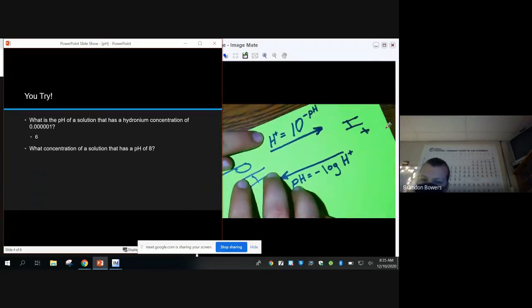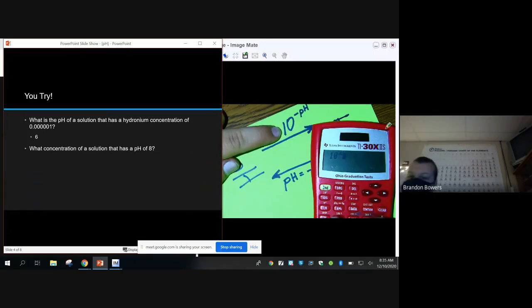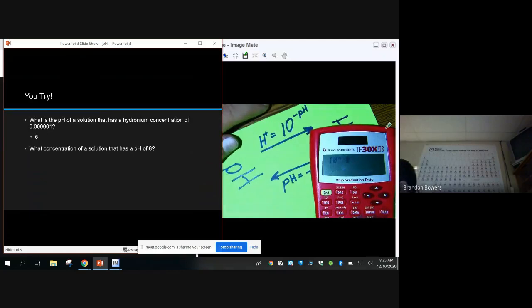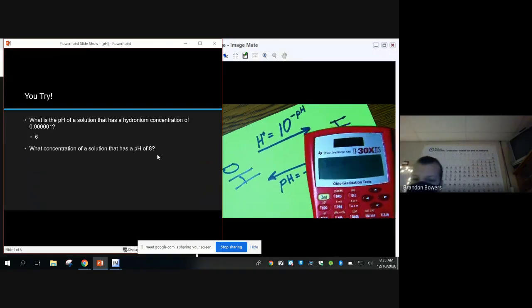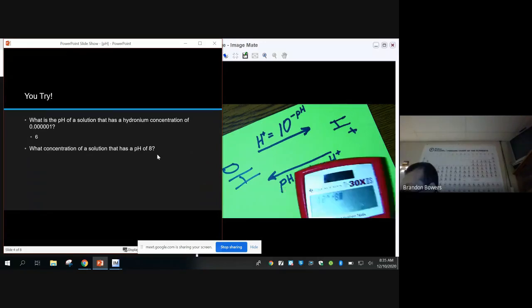My up arrow equation is 10. So I'm going to plug in 10 caret because it's an exponent, right? That's an exponent. So negative, what's my pH value in this example? 8. So when you plug it into your calculator, see if I can show you.